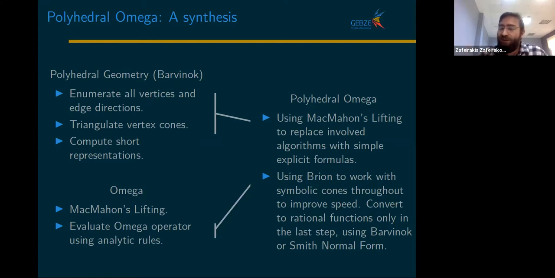Introducing new variables solves the problem. On the other hand, in partition analysis, it was hard to evaluate the omega operator by using analytic rules. Instead of doing that, we just use Brion decompositions, the geometric tools that simplify these operations a lot.